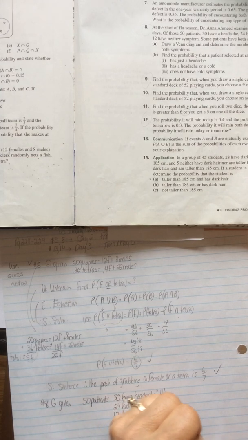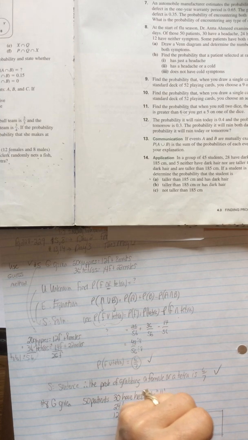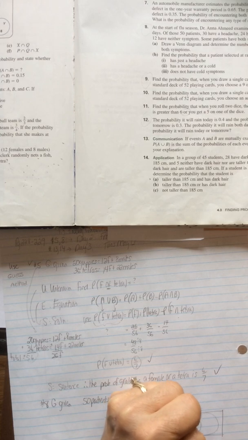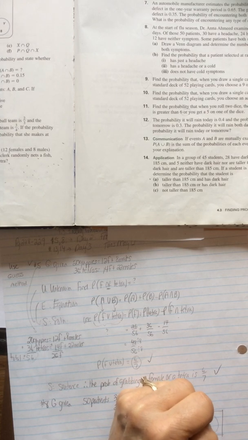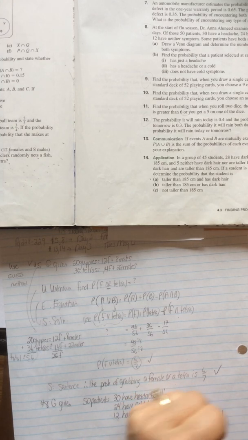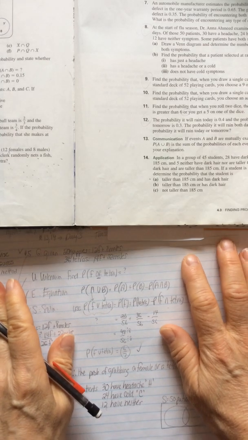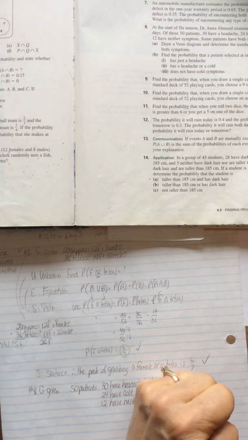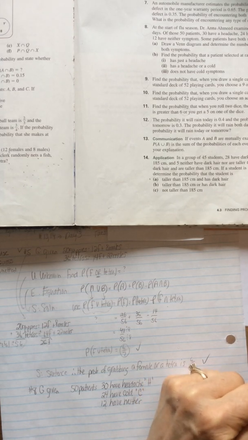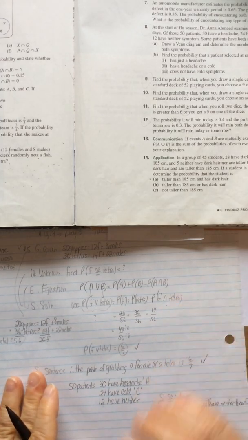So when I have my Venn diagram, the sample space is 50 patients, okay? 12 have neither, that's 12 outside here, okay? 12 have neither the H nor the C, okay?